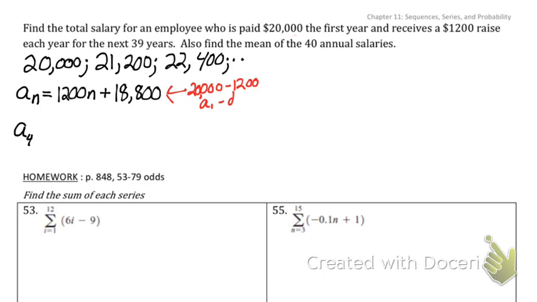So a sub 40, my 40th year, is going to equal 1,200 times 40 plus 18,800, which is just going to equal 66,800. All right, so on that 40th year, he's making 66,800.